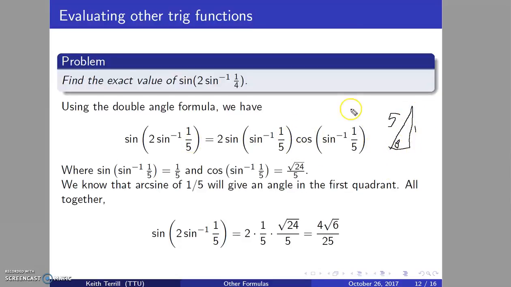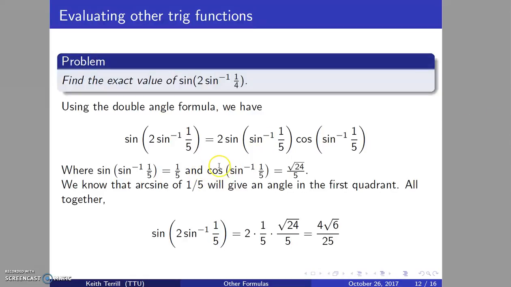But to find the cosine of that angle for such a triangle, I need to find this length. That's going to be a squared plus b squared equals c squared. 5 squared equals 1 squared plus this value squared. So 25 minus 1 is b squared. So b has to be the square root of 25 minus 1. Call it root 24. There you go.